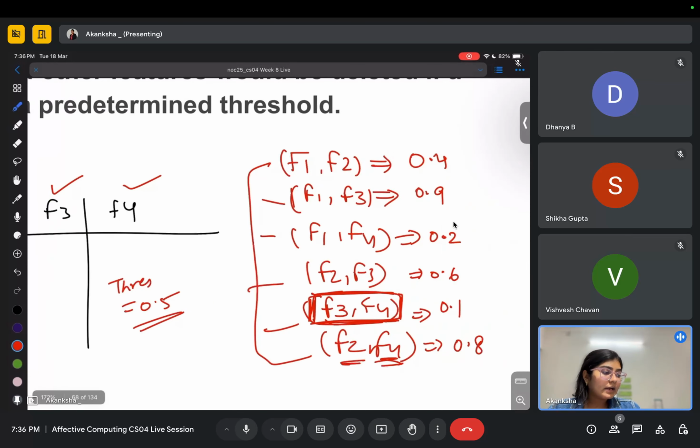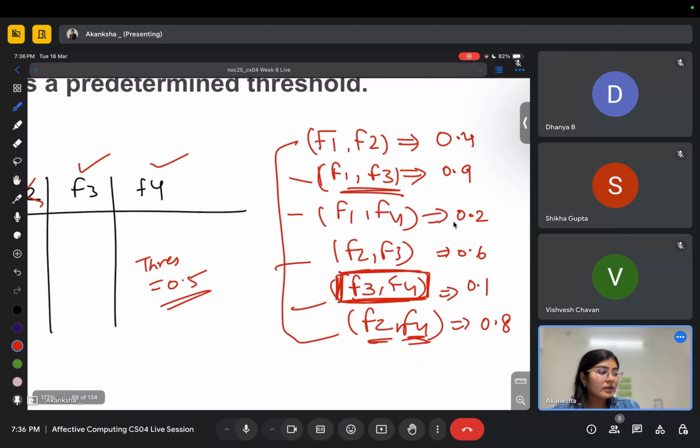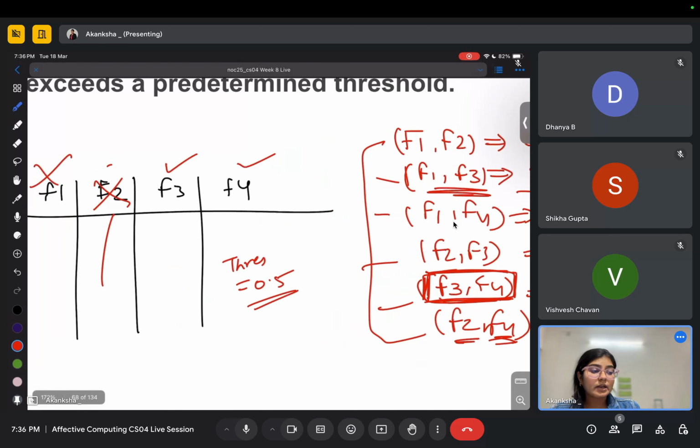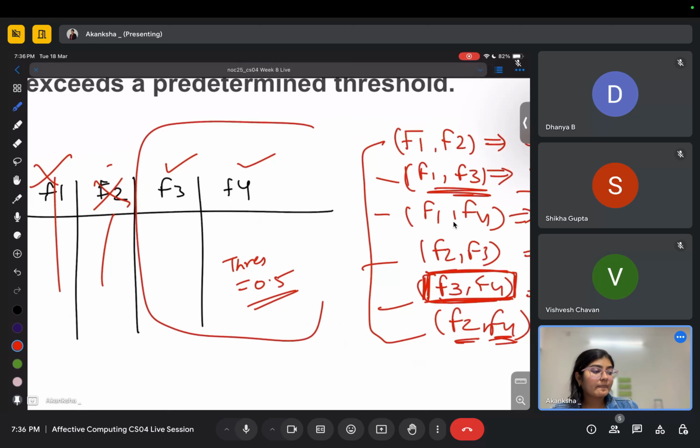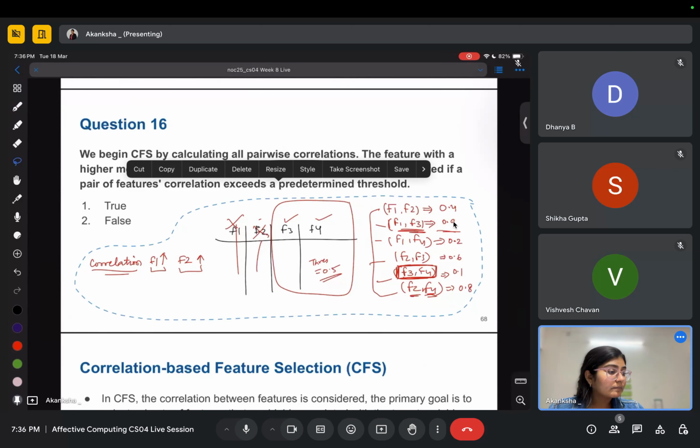And f1 and f3 are highly correlated, okay, so maybe I can keep only f3 and not f1. So that is how we found which are important, and we were able to eliminate the redundant information. Although I just oversimplified it, this is just to give you an idea about how we do that.